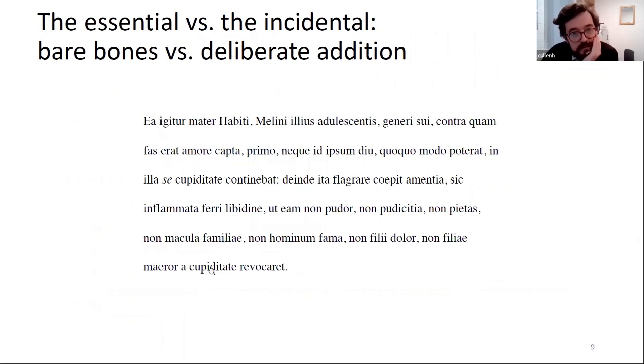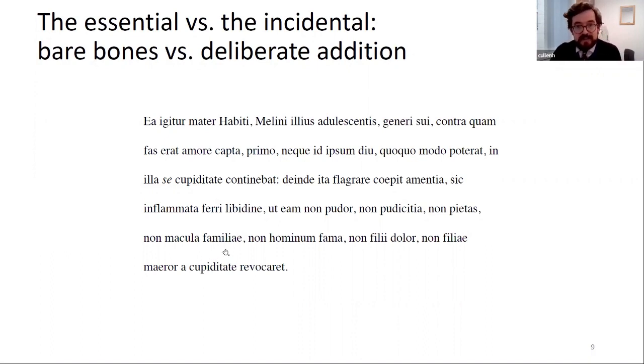So this is an early section of the Pro Cluentio, which I'm sure many of you are reading, and I'm not going to dwell on particular points, but just to show you the approach. One filter could be to look at what the absolute skeleton, the bones of a paragraph are, and then what has been added that's technically superfluous, and why Cicero has added that in.